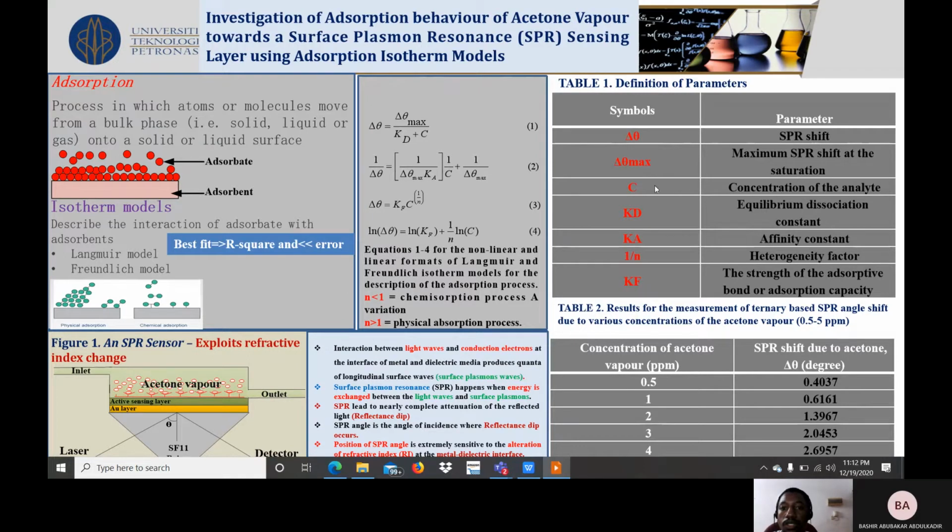This is the definition of the parameters used, and for the adsorption evaluation, we also use the data in table 2, which is extracted from the experimental measurement of the ternary-based SPR angle shift due to various concentrations of acetone vapour from 0.5 to 5 ppm.